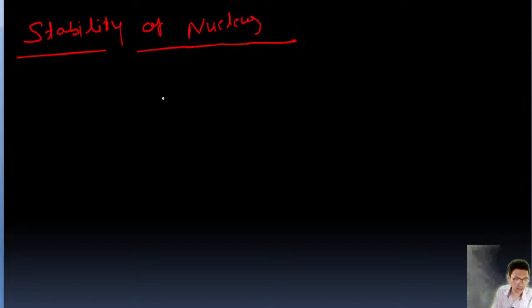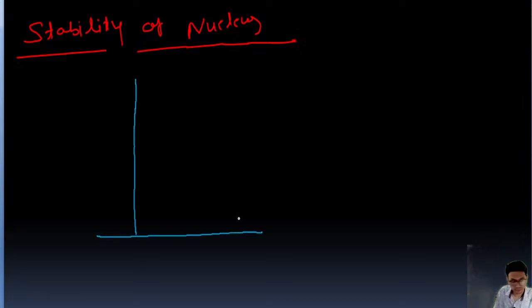What are the conditions for a nucleus being stable? If you draw the graph between Z and N, we'll get this graph.